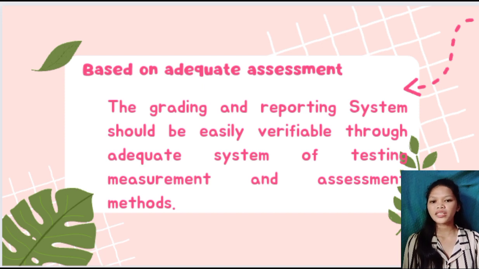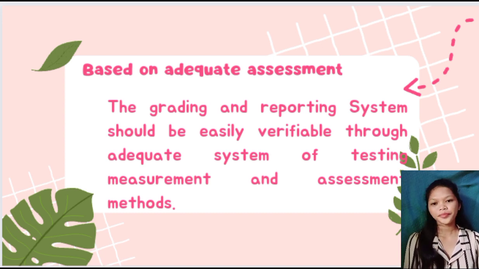So this means that the grading and reporting system should incorporate a robust and easily verifiable framework of testing, measurement, and assessment methods, ensuring the reliability and accuracy of the evaluation process. This approach guarantees that the assessment of student performance is founded on comprehensive and dependable data, contributing to fair and meaningful reporting. You understand?